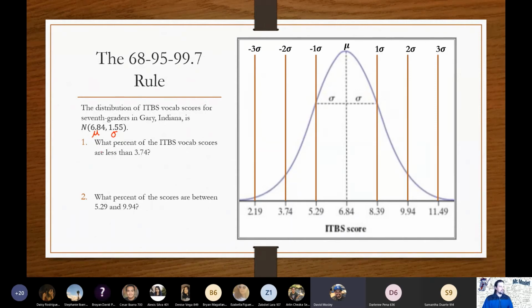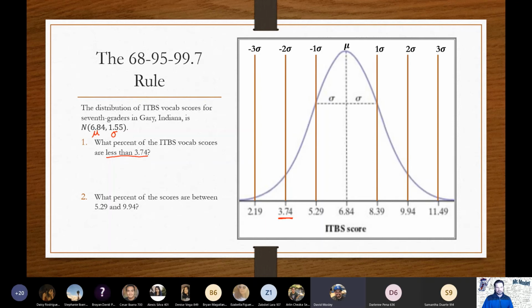All right. And so we want to know what percent of the ITBS vocab scores are less than 3.74. We have 3.74 right here. It is 2 standard deviations to the left of the mean. But I want to know what is the amount or the area proportion under the curve that is less than 3.74.